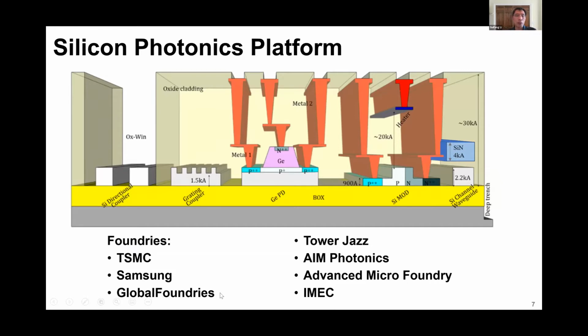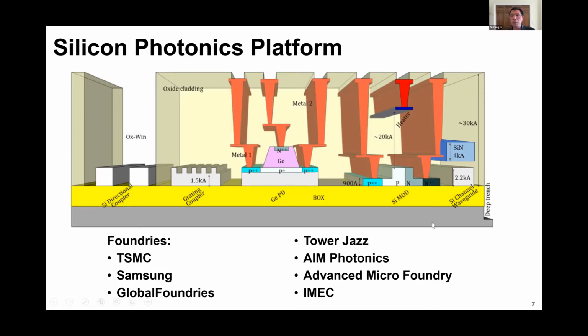Acacia used GlobalFoundries, and there are lots of foundries that are offering services for you to do silicon photonics. TSMC, we heard a lot of story about them nowadays. Samsung, small players like Tower Jazz, AIM Photonics, that are advanced micro foundries. And of course, IMEC also offers a certain level of foundry service.